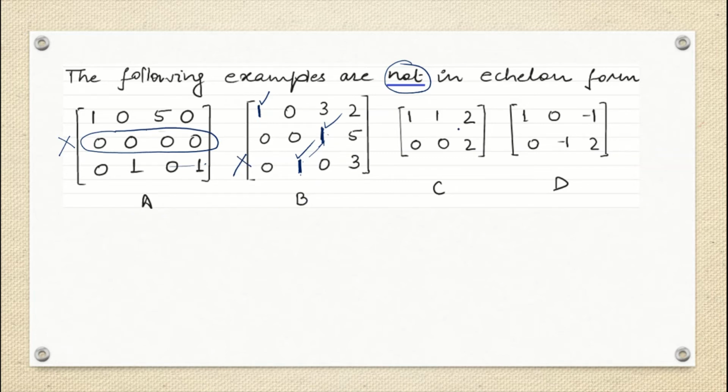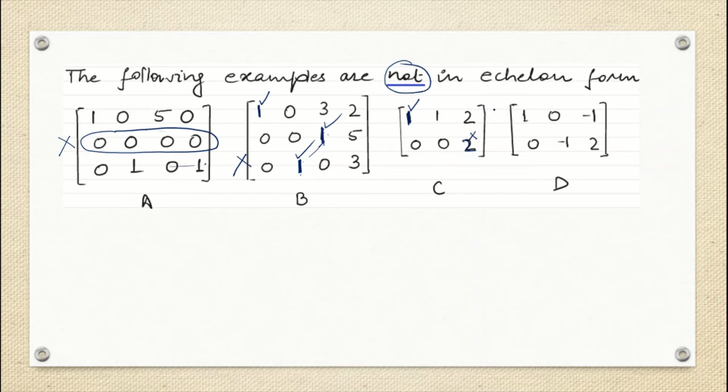Okay. What about the third matrix? Here we are not worried about the first criterion because we don't have any all-zero rows. The second thing is the very first non-zero element should be 1. The very first non-zero element is not 1. So we will say that this is not in row echelon form.